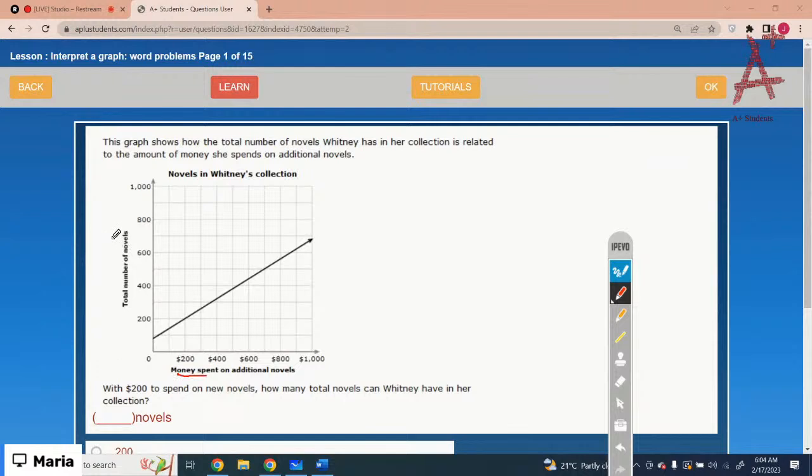Got it? And here you have the total number of novels. So you have $200. Just match the $200 to the y-axis. That means with $200, she can have a total of 200 novels. Got it? So the correct option is 200.